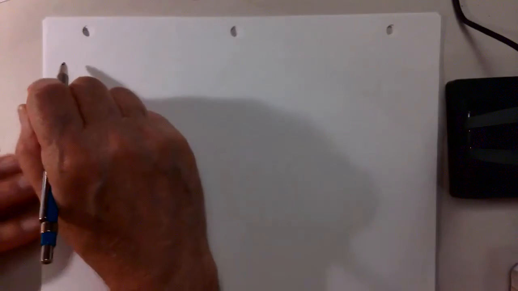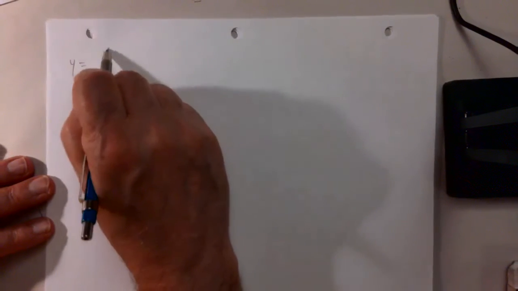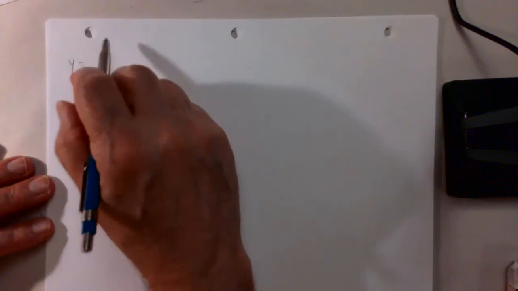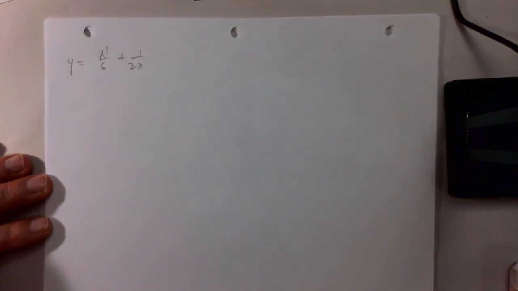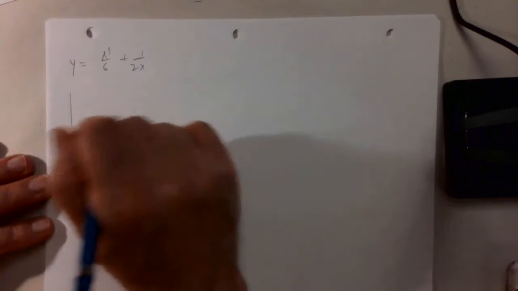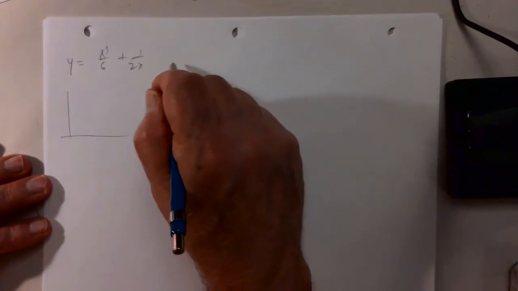Let's do a few more examples. Suppose we want to find the arc length of the graph of the function x cubed over 6 plus 1 over 2x. So if you were to use Maple, for example, we want to find this.